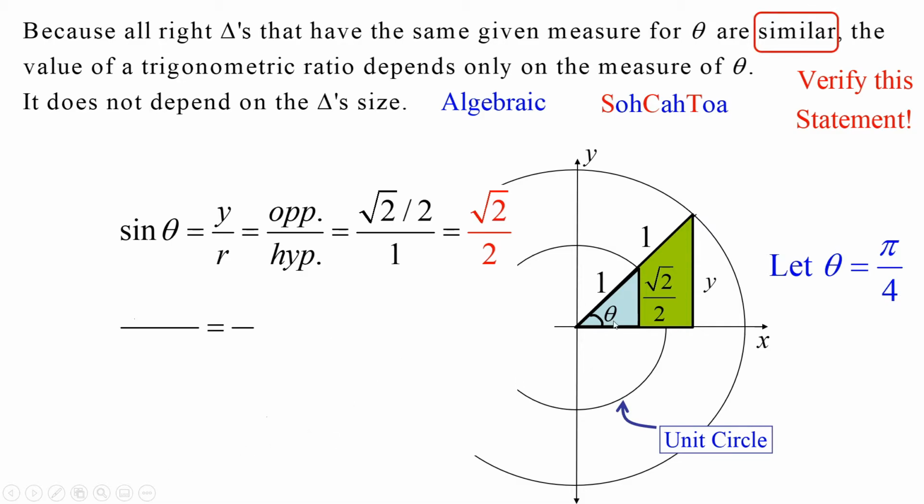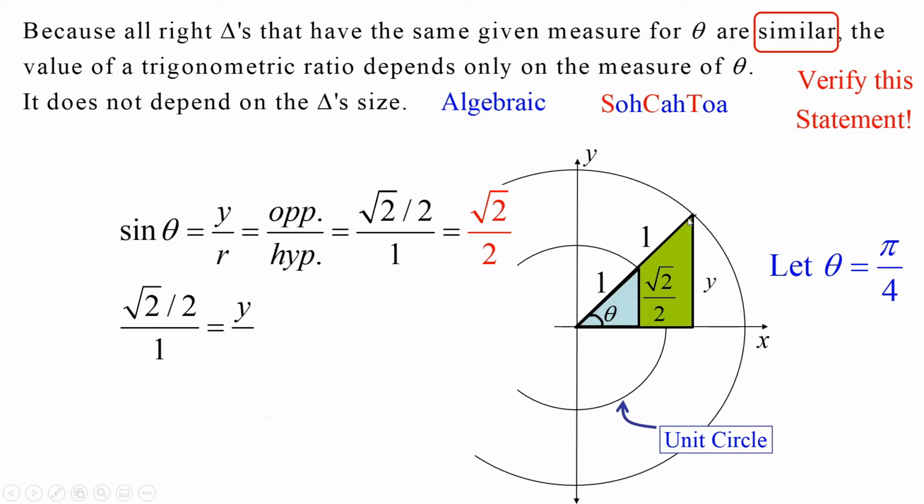And now the smaller right triangle, look at this leg right here, is root 2 over 2 over the radius 1. Okay, I should say the hypotenuse of that smaller triangle. And then the opposite leg of the larger right triangle is y.